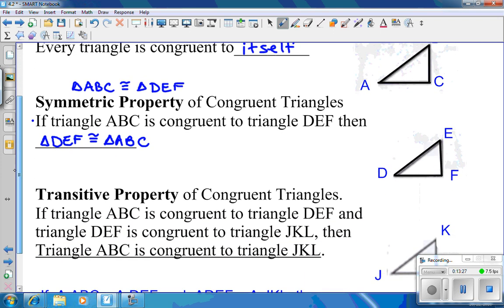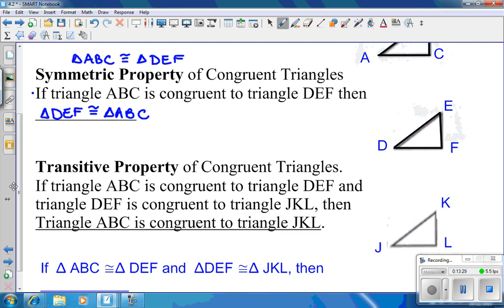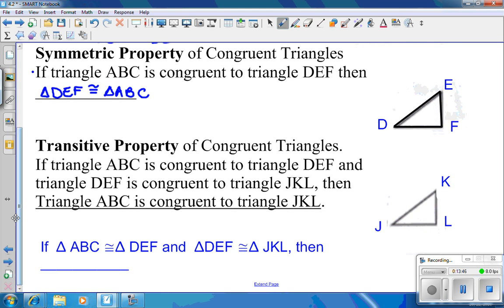Now we've talked about the transitive property before. The transitive property takes 2 pieces of information and combines them. In other words, if I know that 2 triangles are congruent, and one of those triangles is congruent with a different triangle, then the first one and the last one are also going to be congruent. Think about it.